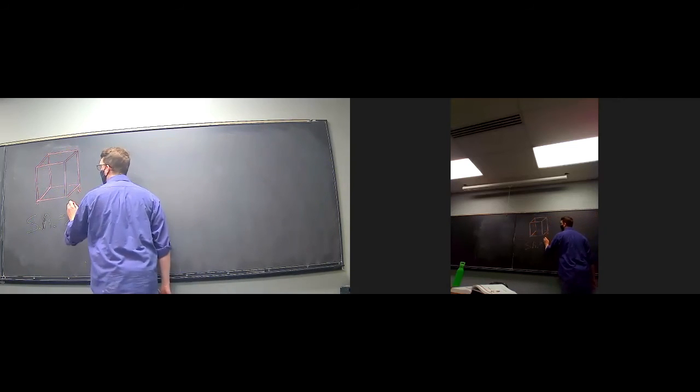First thing we need to know about this box is that it has a square base. So since it has a square base, this is going to be of length x, and this is going to be of length x.